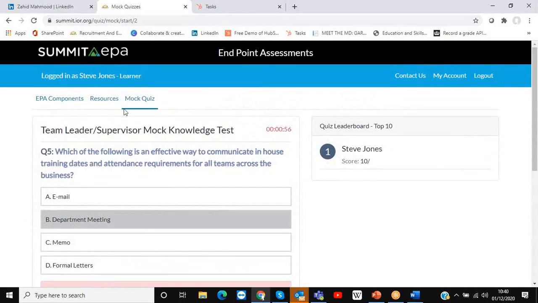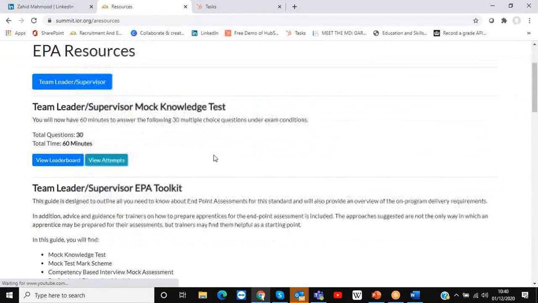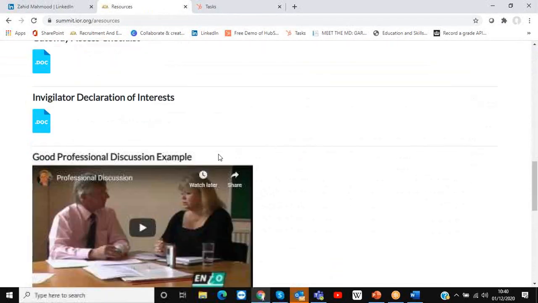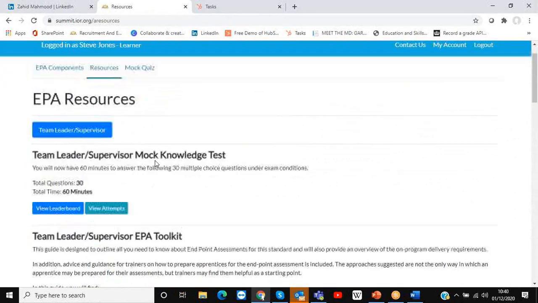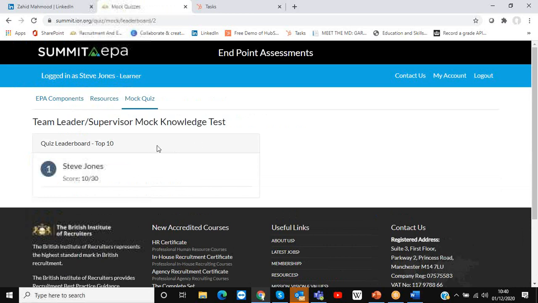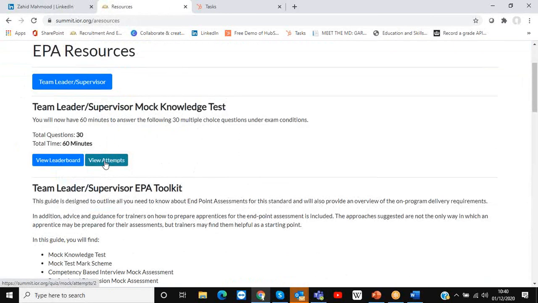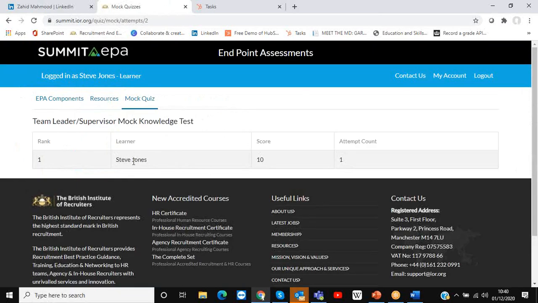So that's a bit about the mock test, and then we also have the resources again, which I've shown you before for the learners, which we update. You can view the leaderboard from there as well, and also see the number of attempts a learner's had at a knowledge test.